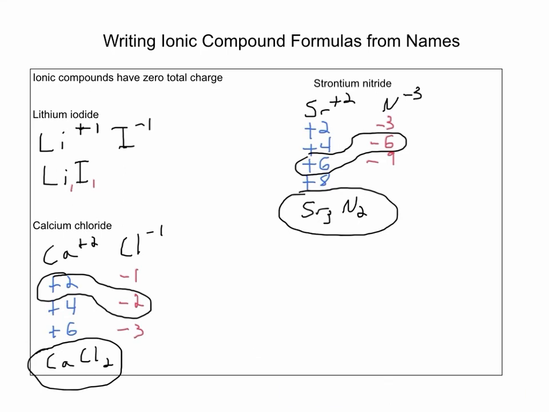So let's finally write out the rules formally for these compounds. So the first rule is you write each ion, so the metal ion and the nonmetal ion, with its charge. And where do you look for the charge?